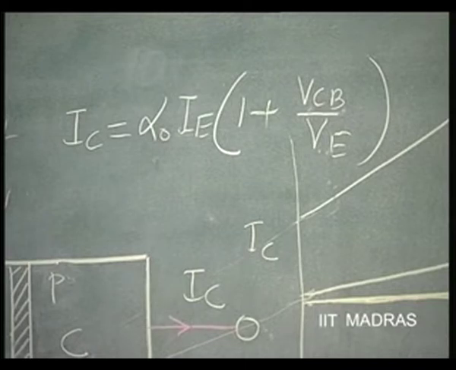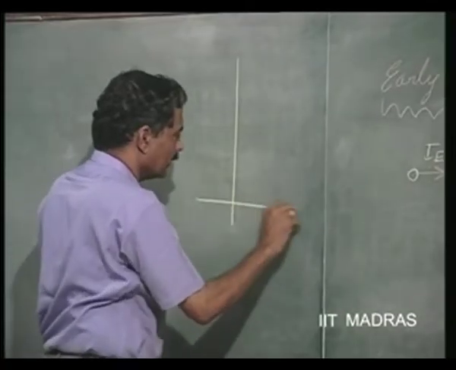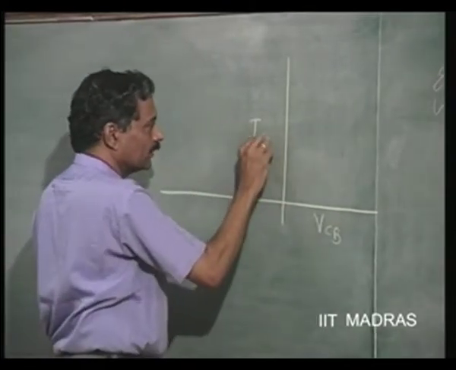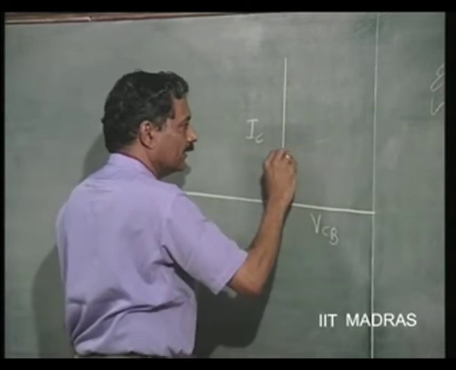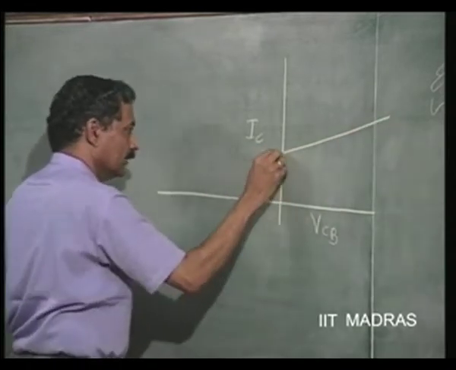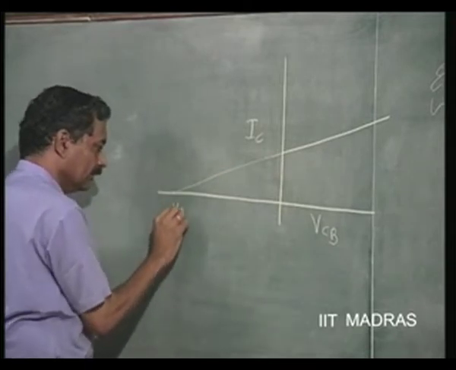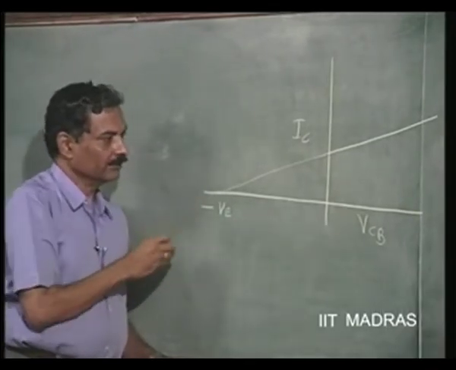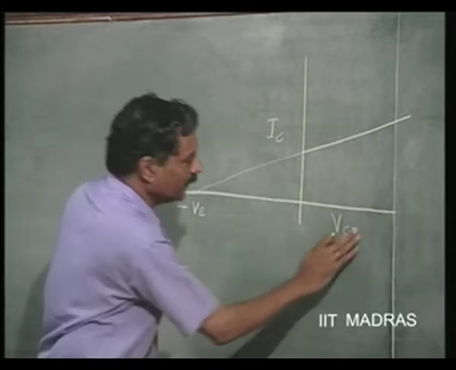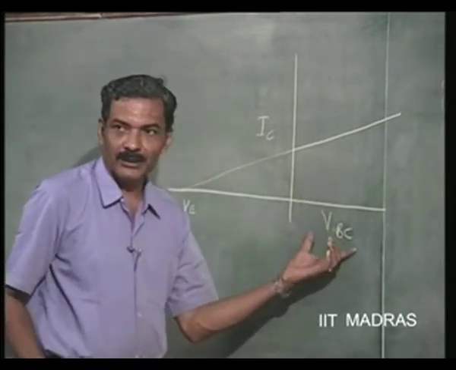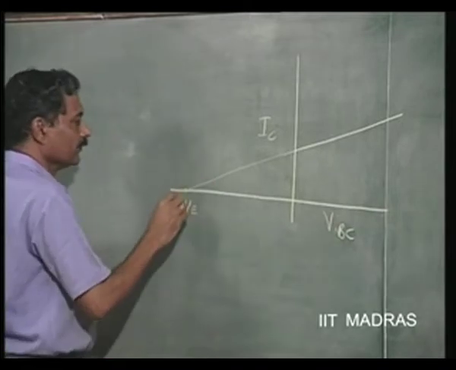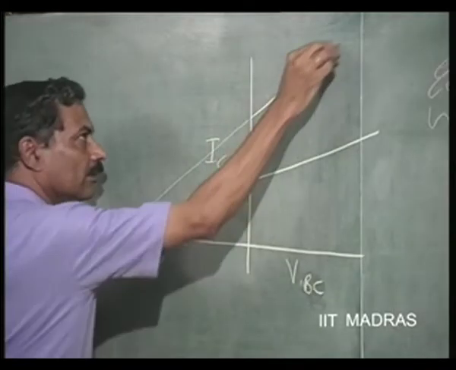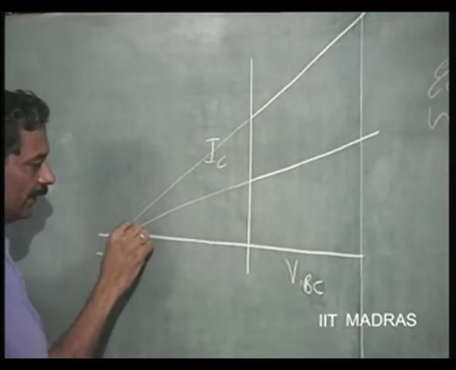So, once again I can draw the characteristic here clearly. This is IC versus VCB for different values of IE. You will get something like this. You extend this to minus VE. This is actually VBC, which is positive for PNP. For another transistor, another current, this is going to be the characteristic for a lower current.